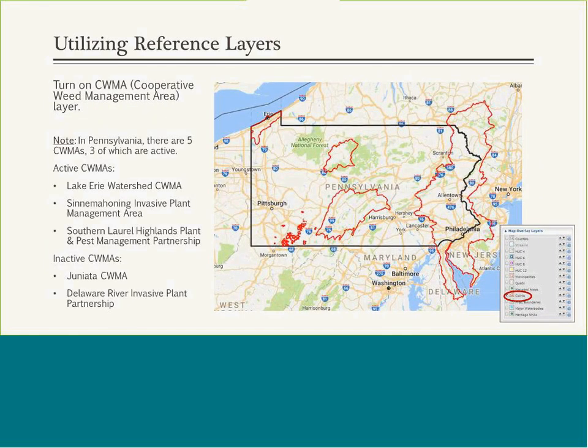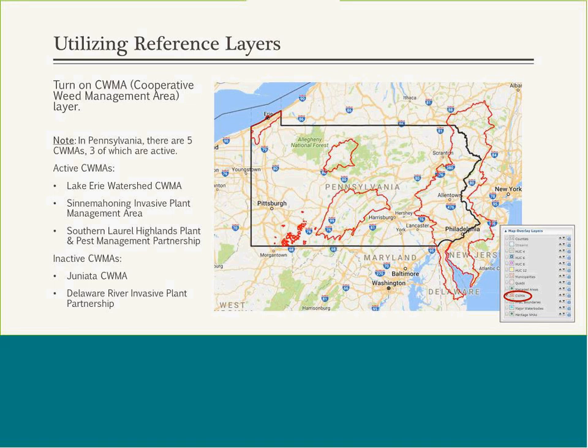Right, this is the cooperative weed management area layer. So if you are a member or a coordinator of a cooperative weed management area, this is a layer that's going to be very important for you. So just so you know, in Pennsylvania, we have 5 total CWMAs, and 7 of them are currently active. And so you see up in Erie, that's the Lake Erie Watershed CWMA.